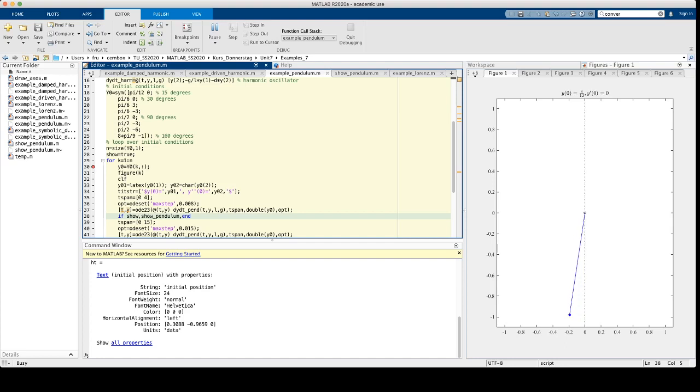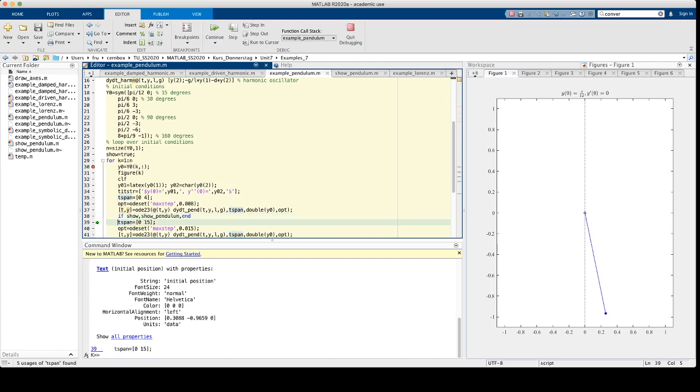The initial deviation is pi over 12, which is 15 degrees, and the initial velocity is 0, which means we keep the pendulum at the initial position and then just let go. Okay, now I compute the solution over a time span from 0 to 15.